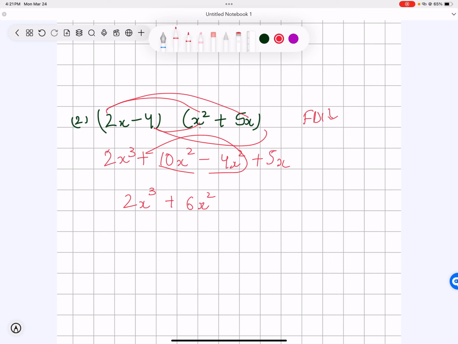We have a plus sign here, and then we have, wait, I wrote that wrong here. It's gonna be 5 into 4 is gonna be 20x, and then we have minus 20x, not plus, minus.